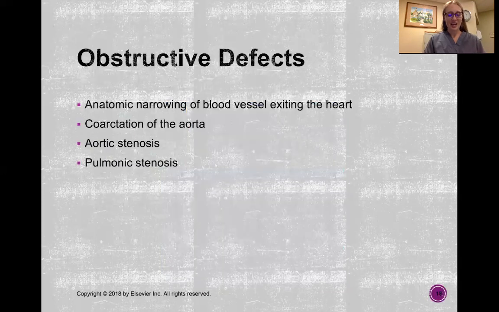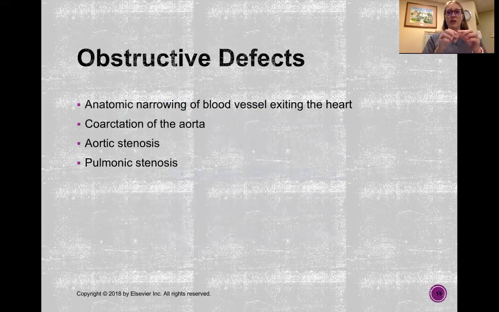So when we're looking at obstructive defects, some of the common causes have to do with a narrowing of the actual blood vessel. The blood vessel exiting the heart, usually the aorta, will be narrowed, which is going to cause a backup of blood. Coarctation of the aorta is narrowing at the arch of the aorta.